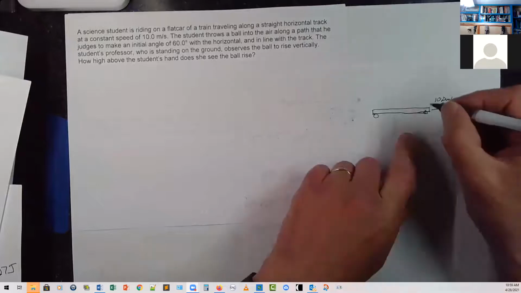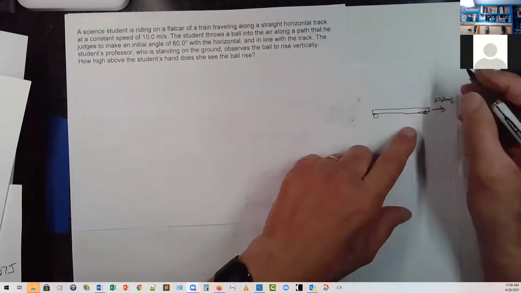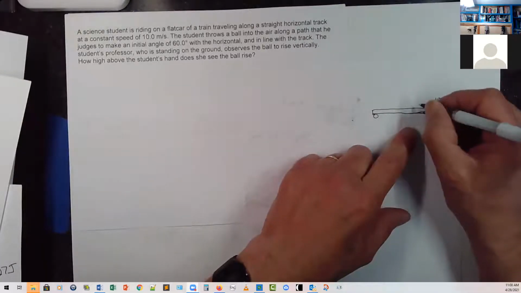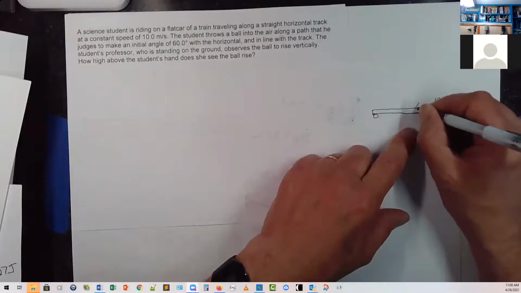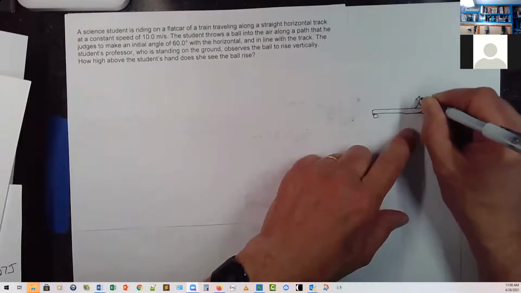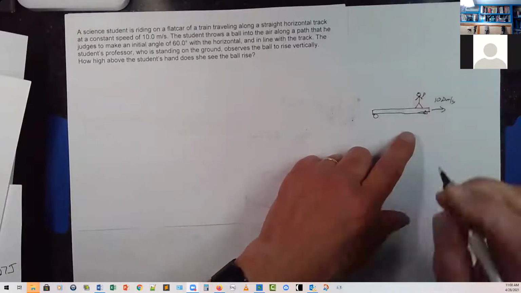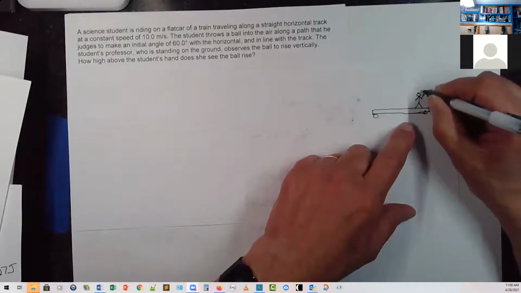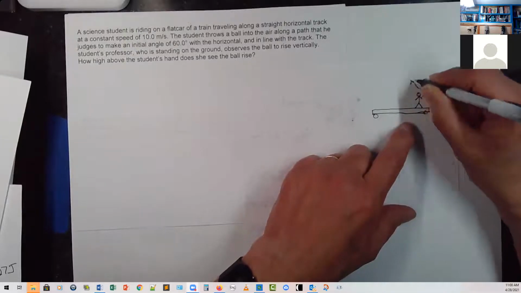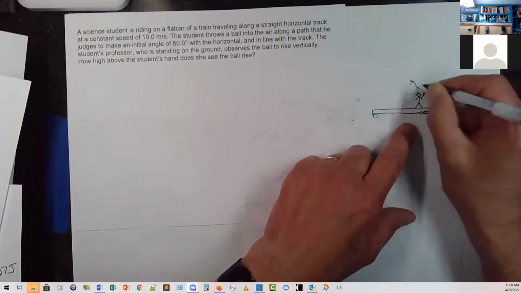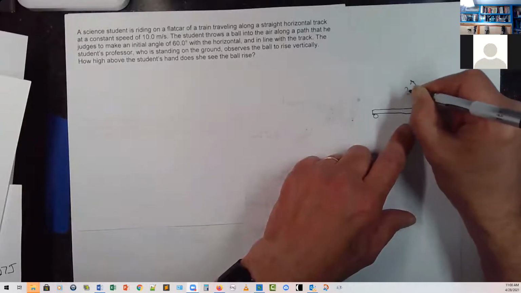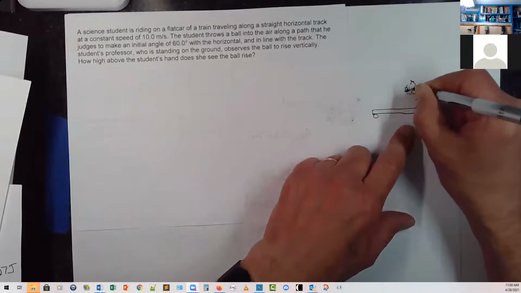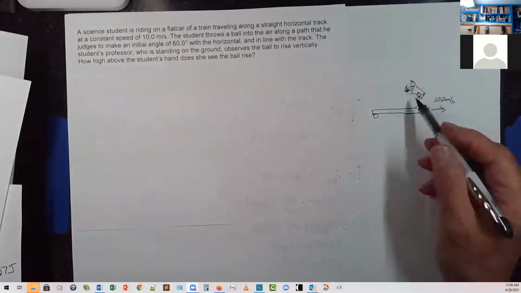Then we have a student on the car, and they throw a ball into the air, and the ball initially makes an angle, they think, of 60 degrees with the horizontal.